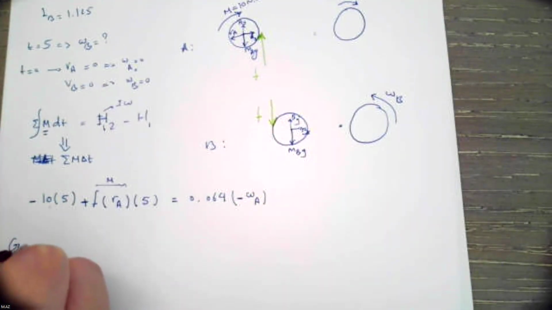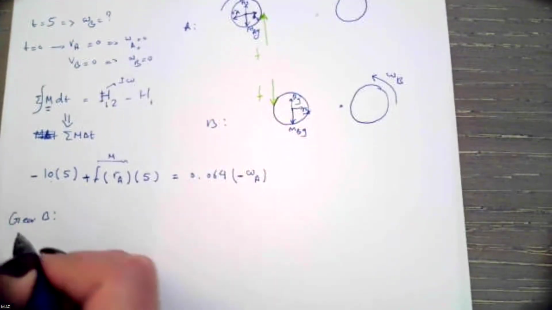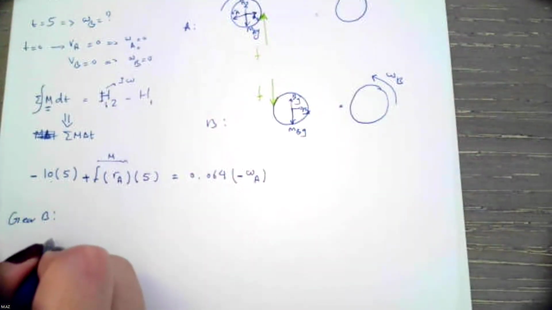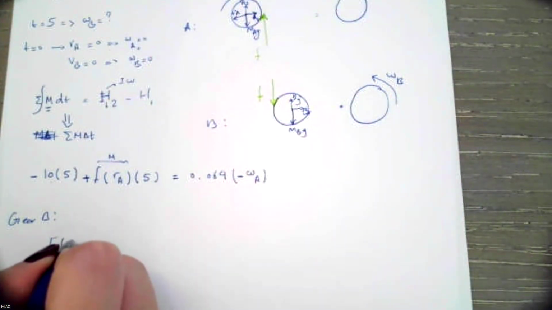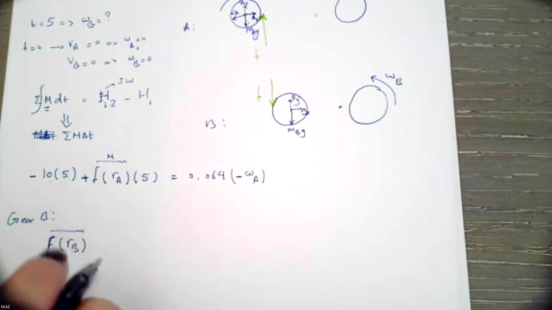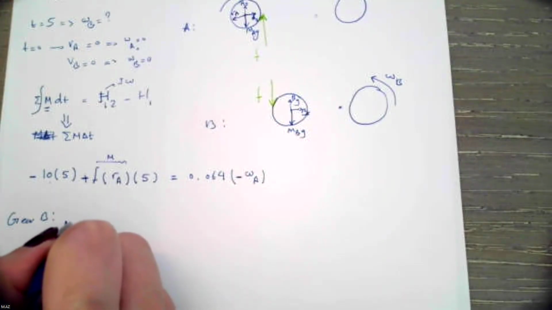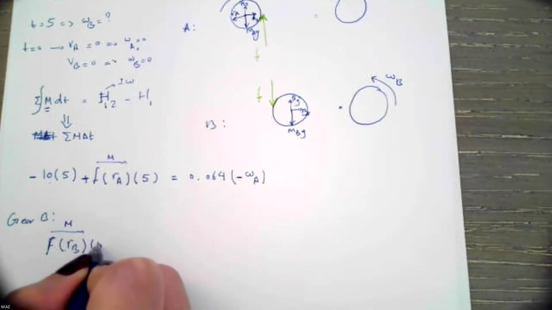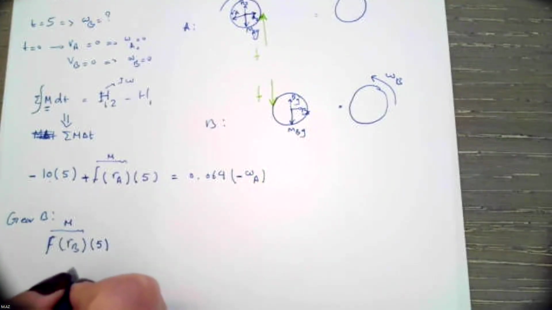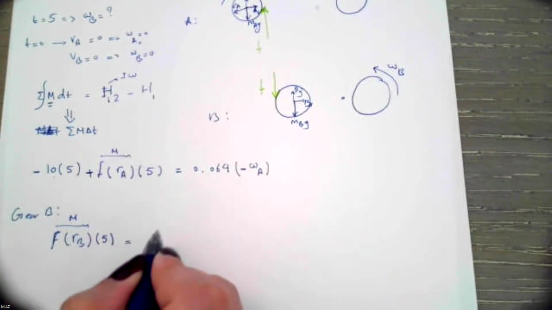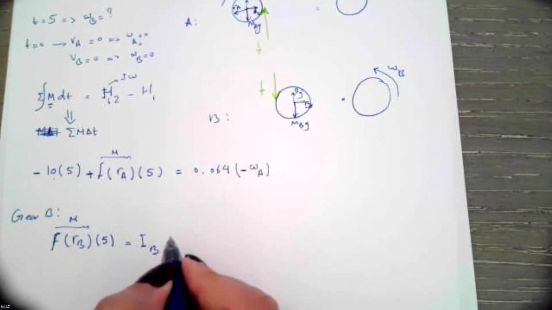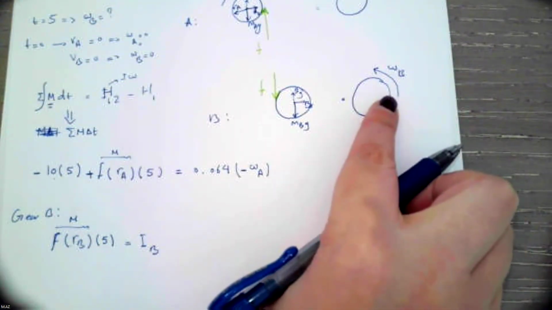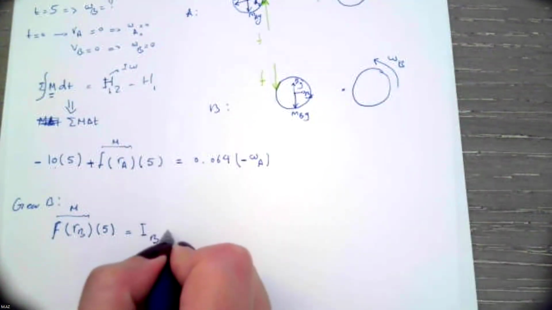For gear B, we have friction force times the radius of gear B. This becomes a moment times delta t, for this problem equal to the moment of inertia for disk B times omega B. The direction of omega B is counterclockwise.